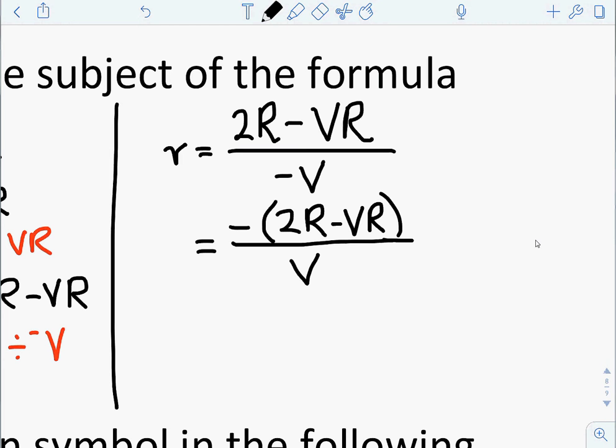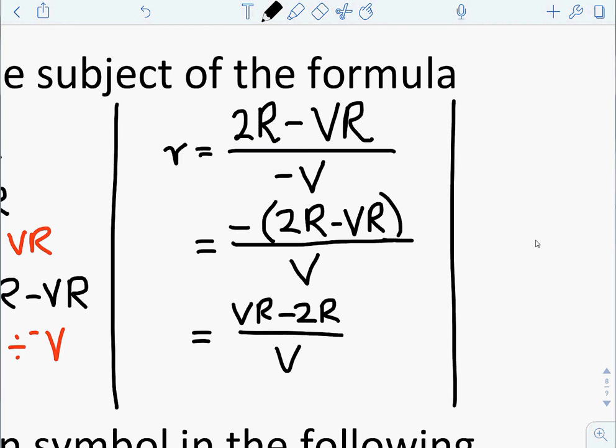I've just taken that numerator and I'm multiplying it by negative, moving it from the bottom of the denominator. Just simplifying that a little bit is going to leave me with VR minus 2R divided by V.